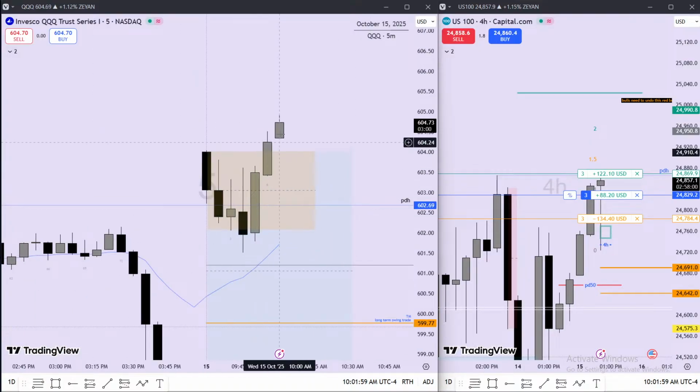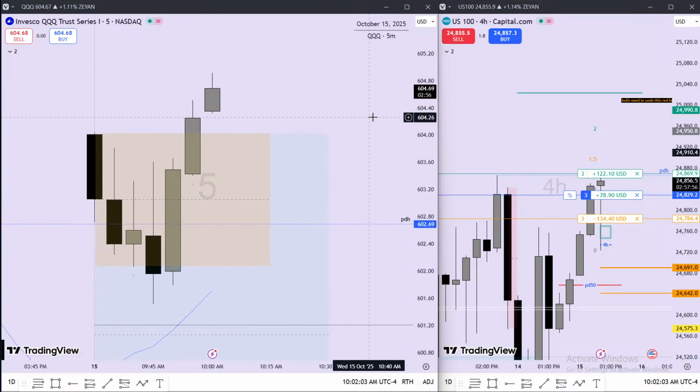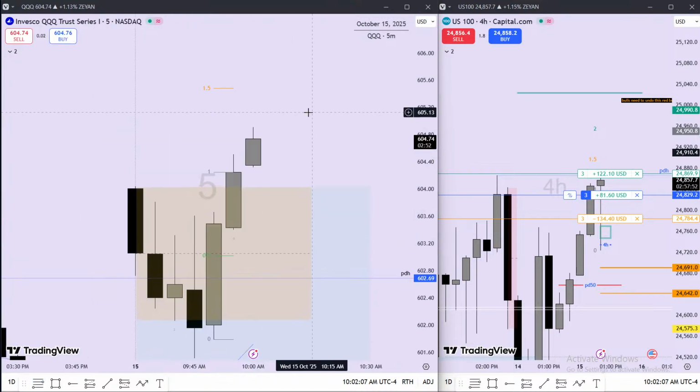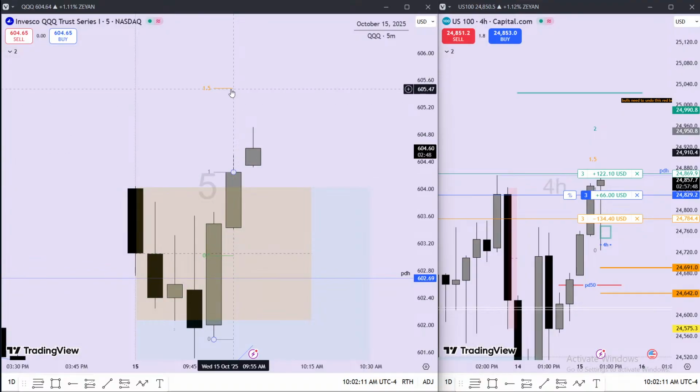If this candle closes as a bullish bar, we will have a 3-bar micro channel bullish. So bulls who bought the close of this bar, minimum they are expecting 605.